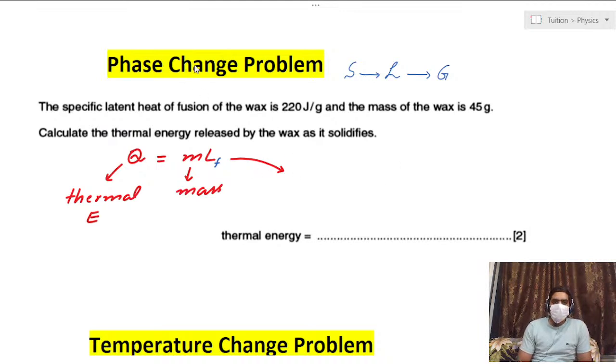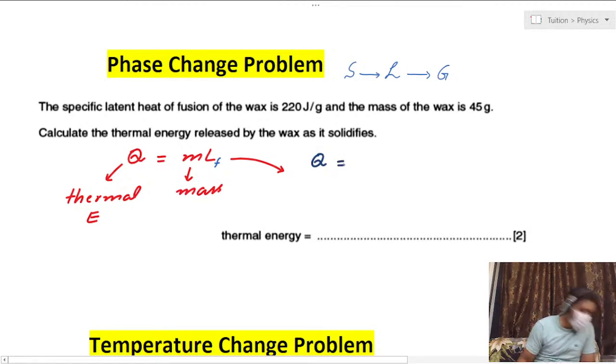All right, so let us insert the values in it. Q, which needs to be calculated. M standing for the mass. Mass is given as 45 grams, which in kilograms would be divided by 1000, so you get 0.045.